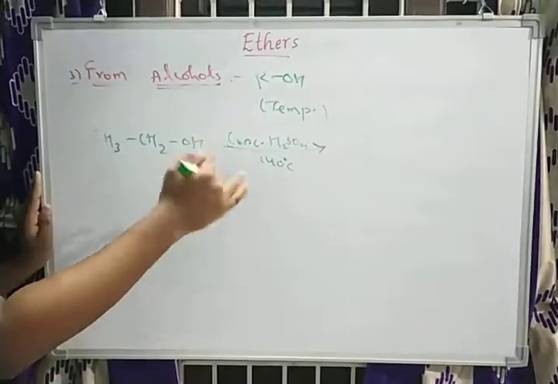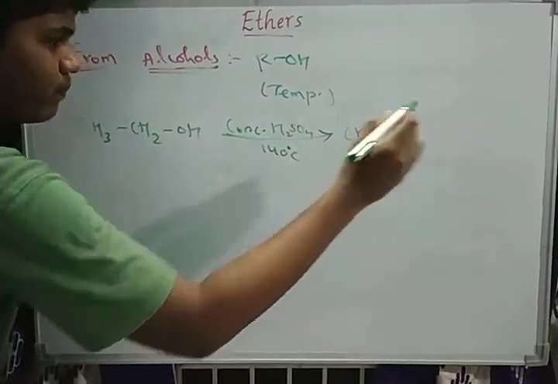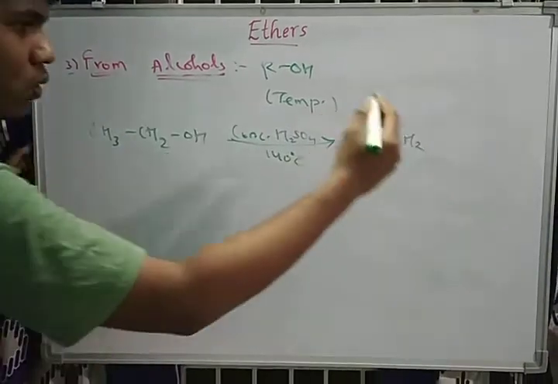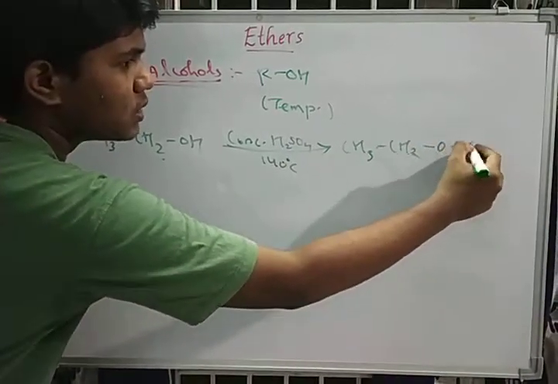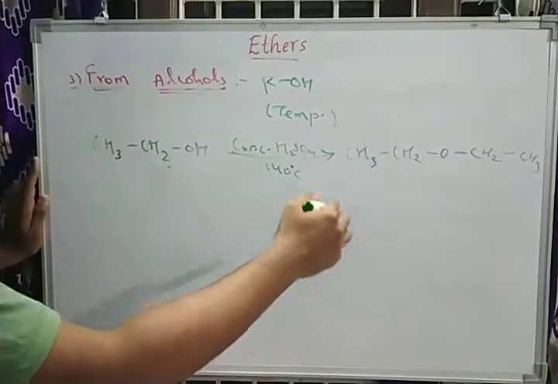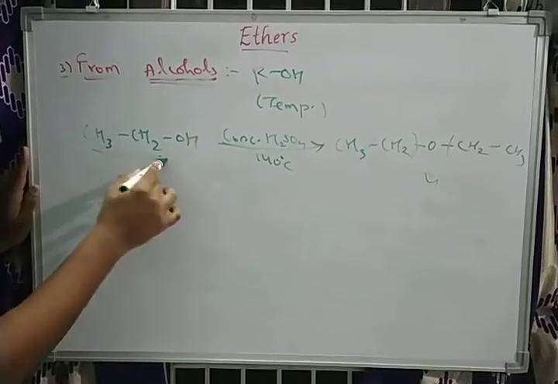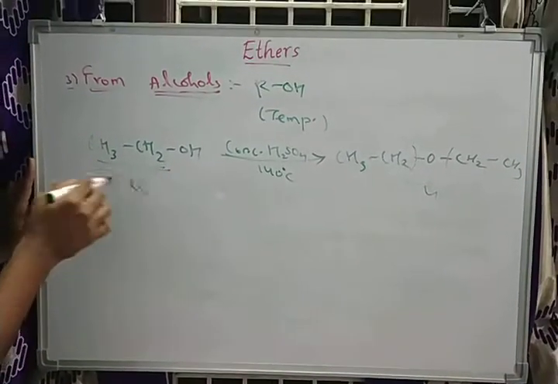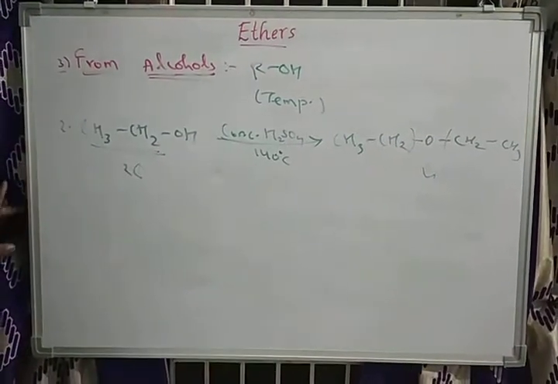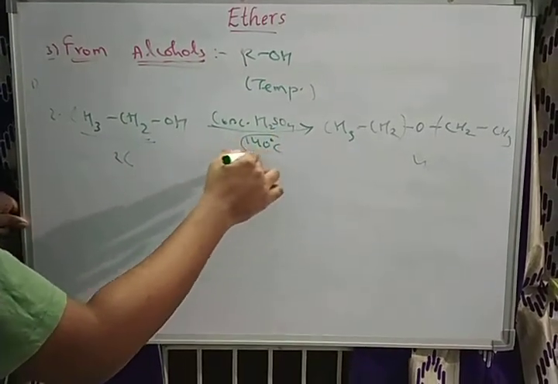This will form an ether, CH3CH2OCH2CH3. Why are 4 carbons formed here, when we had given only 2 carbons? This is because we take 2 moles. This is the first example, at 140 degrees centigrade.